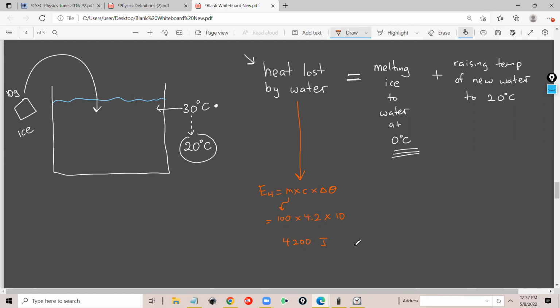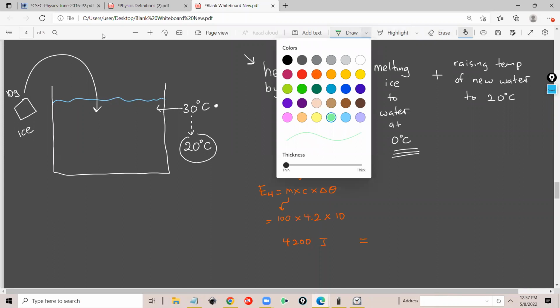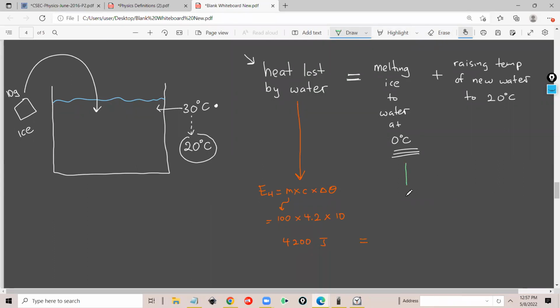So this energy now was given up to melt the ice and to raise its temperature to 20 degrees. Let's calculate how much energy it took to melt the ice, in other words, just change it from a solid to a liquid. That seems to be a change in state, because ice is solid and water is a liquid.